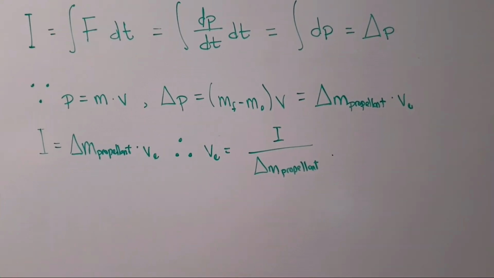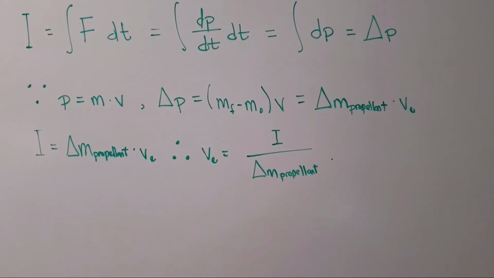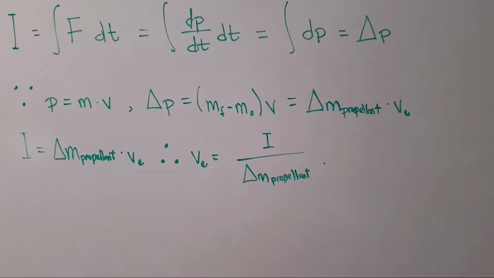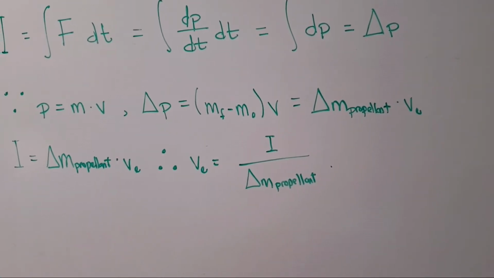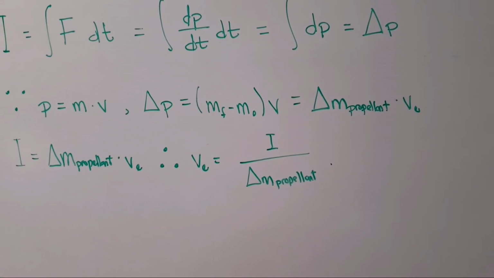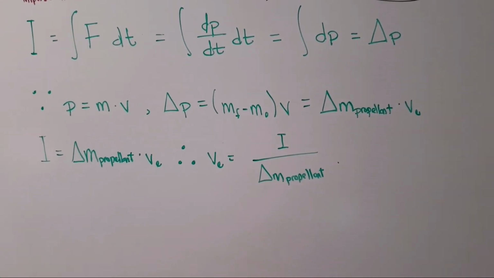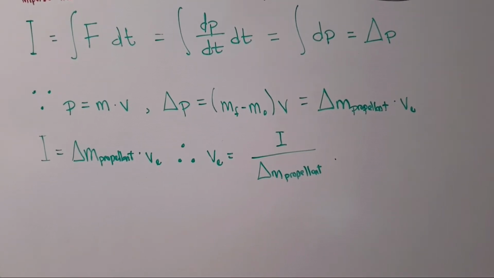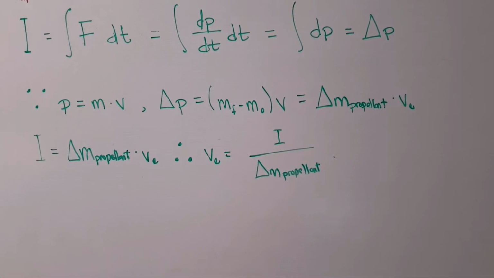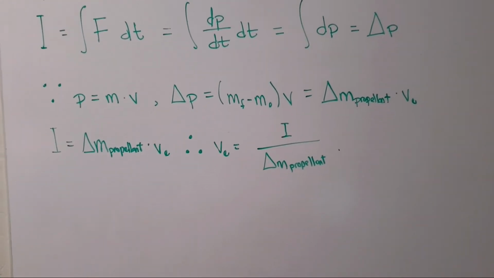So the only thing that's changing on the system in this regard is the mass, and therefore, getting that in mind, we have the delta mass of the propellant times the exhaust velocity is going to give you the impulse. Solving for exhaust velocity, we get the impulse divided by the change in the mass of the propellant.